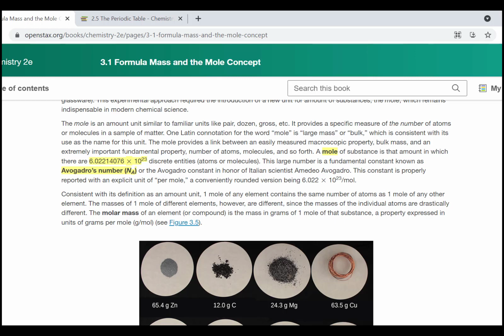But we do that in this case because it actually makes sense to do so. As we gain better instrumentation, we can go from something with 4 significant figures to what we have up here, which looks like 9 significant figures. So we can gain more precision on this number.